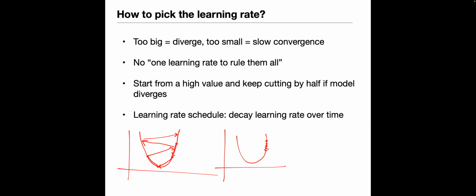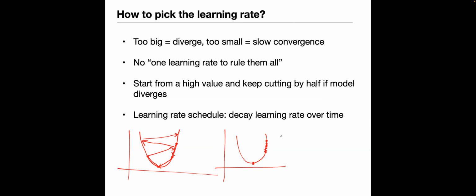The downside is that you take too much time to converge, because every time you make a very small, tiny step, and you end up having to make many steps to achieve this goal. A just-right learning rate will quickly take you there, maybe in a couple of steps, but won't shoot out of the local minimum like the diverge case.